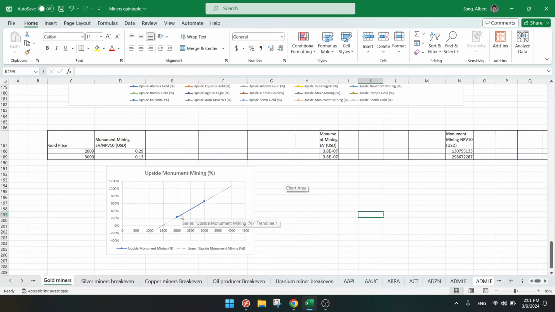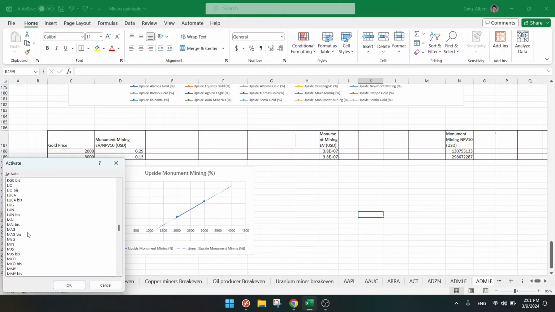Does this make any sense? I think it makes sense. Yes, it makes sense. At current gold prices, we have 300% upside.